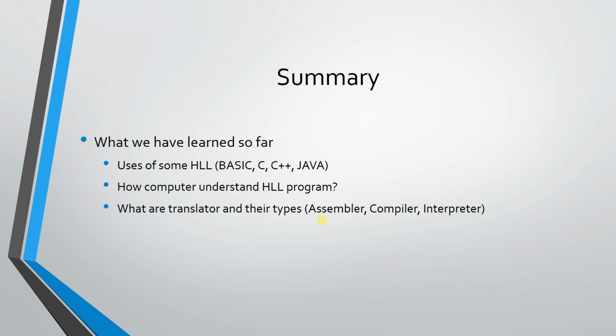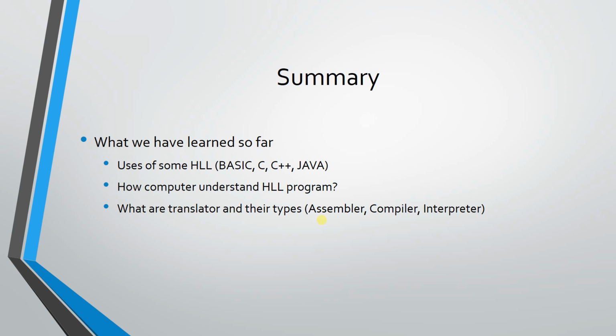So this is it for the third tutorial. What we have learned so far is uses of some high level languages. These include basic language, C language, C++ language, Java language. How the computer understands a high level language program: the computer uses a language translator, one of assembler, compiler, interpreter. Assembler is a program which translates assembly language programs into machine code.